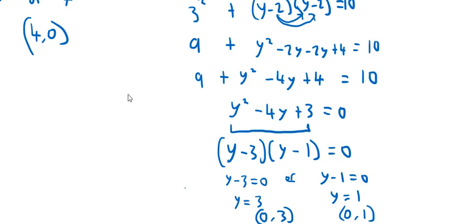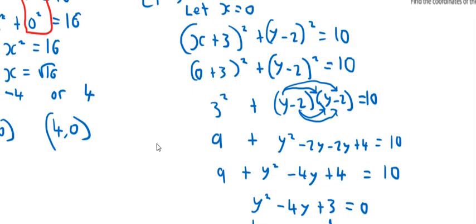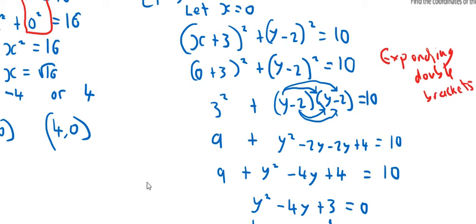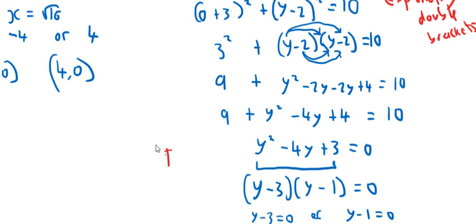So the second example is obviously a lot trickier than the first example. You'll see in this part, really all of that part there, I had to expand double brackets. And then down here, I had to factorize a quadratic.